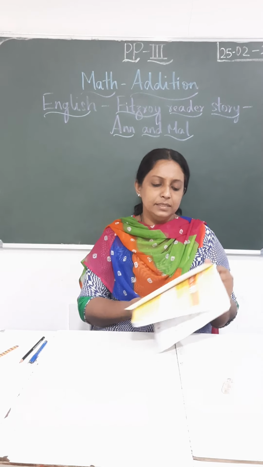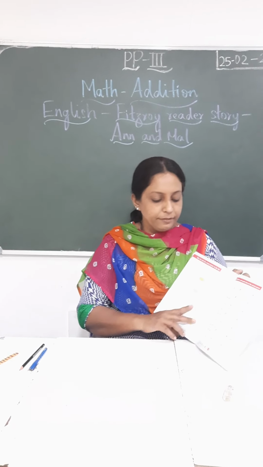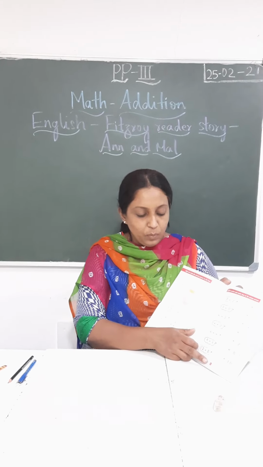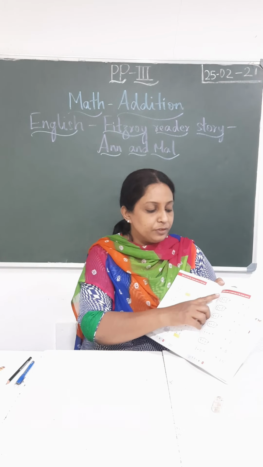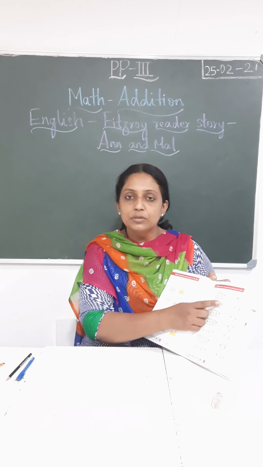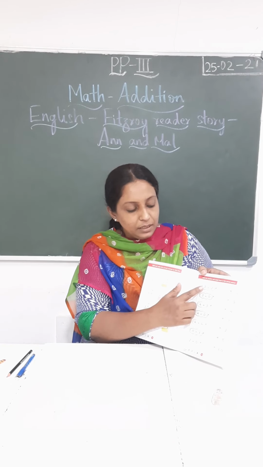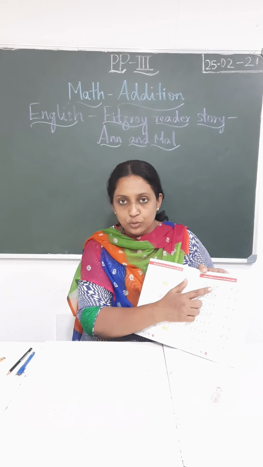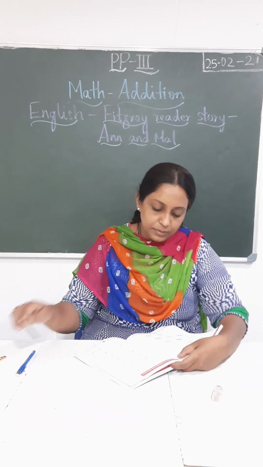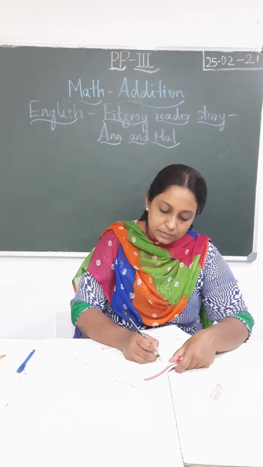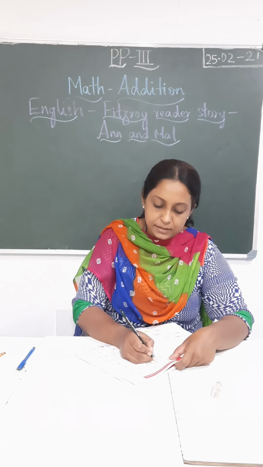In your Happy Learning Series math book, you also have homework on page number 153 where you have to add the numbers and match them to the correct number. So the first one, if you see, they have given 3 plus 2. So you can do the dot system here. You put 3 dots, 1, 2, 3, plus 2 dots, that's 1, 2, like how I have put.